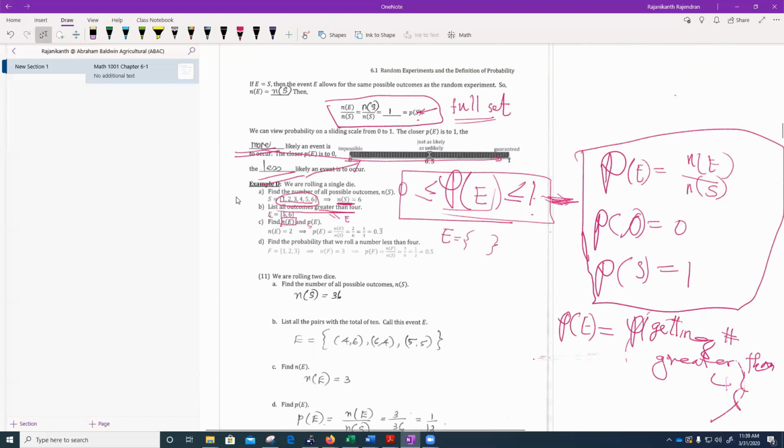The formula says P of E is n of E over n of S. We know n of E and n of S, so simply plugging in the values, that means 1/3 chance. If you multiply by 100, that is approximately 33.33% chance, when you roll a die, to get the number 5 or 6, right? So that's the meaning. 1/3 chance.